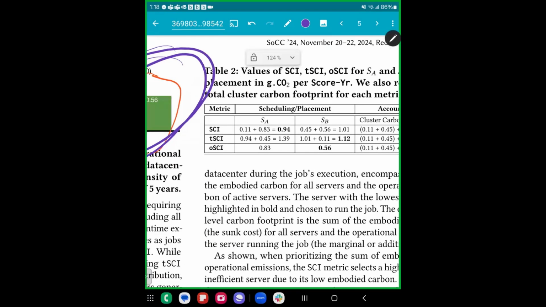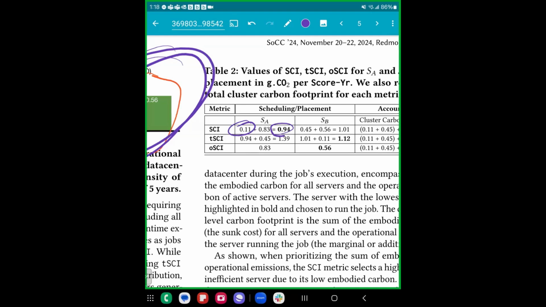If we use the SCI metric that combines both, and you have a choice between the two servers, you will choose the older and slower server, the server that is less efficient to operate, because of the smaller footprint of manufacturing that device, right?